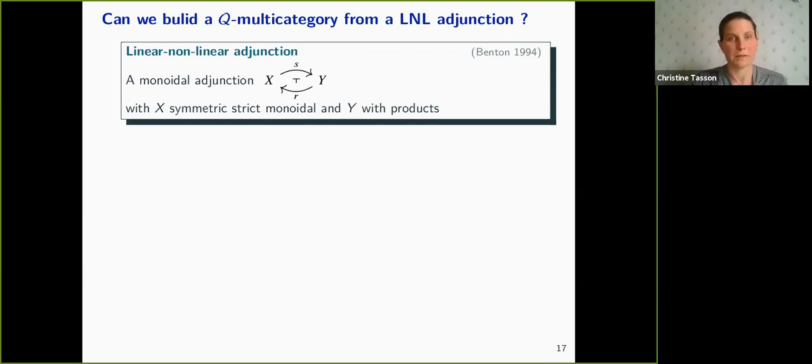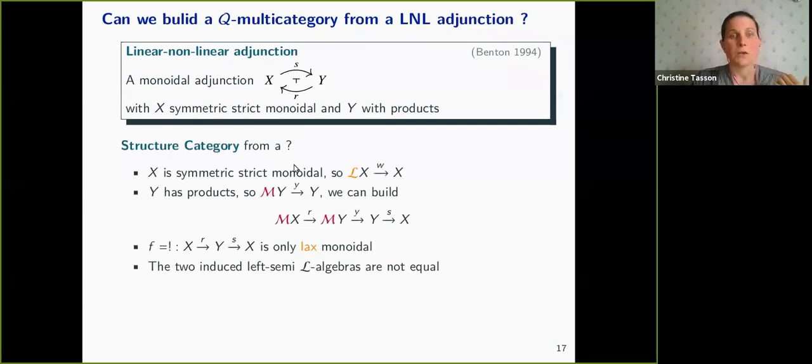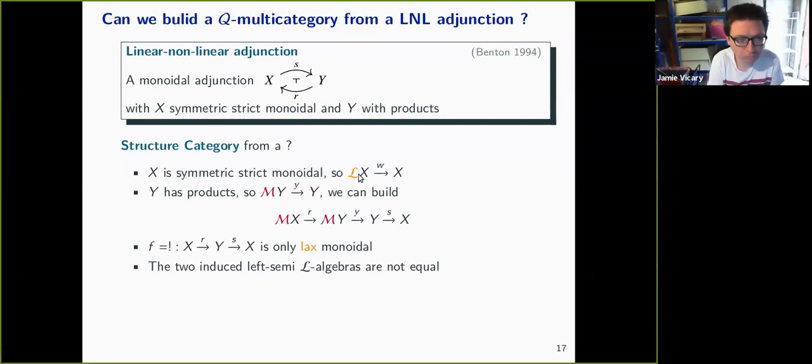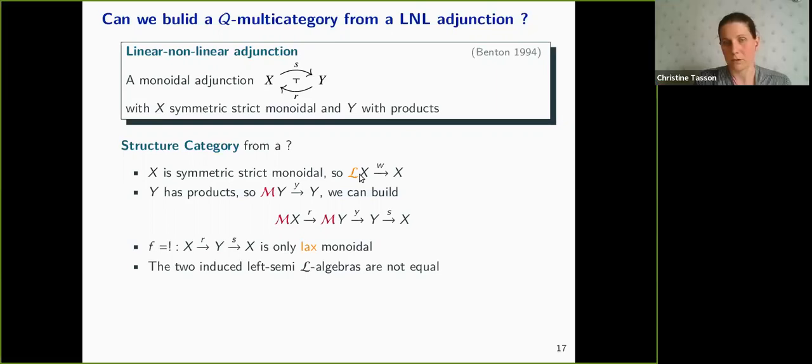I will say a word about that afterward. So how do I do that? X is a symmetric strict monoidal category, so it is an L algebra. It's the first ingredient. Then Y has products, so it is an M algebra. And from it, I can build a left semi-M algebra by just pre-composing and post-composing by the two parts of the adjunction.